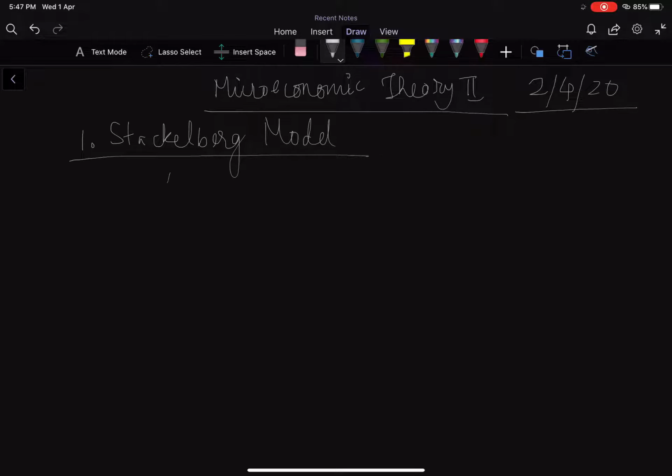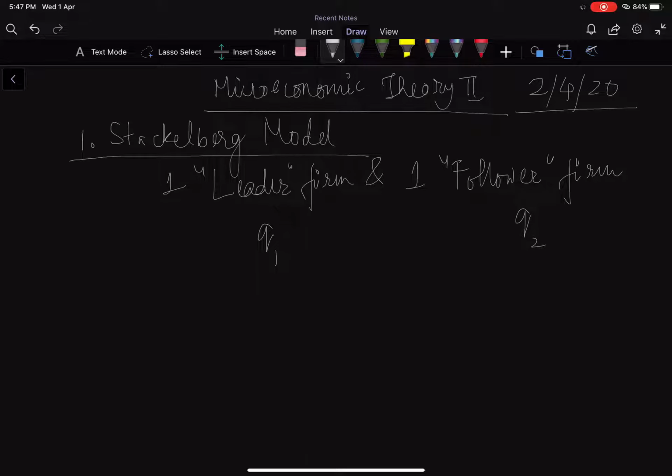So there is one leader firm and one follower firm. The leader firm first produces an output Q1, and then the follower firm observes the leader firm's production and then chooses its own production level Q2.